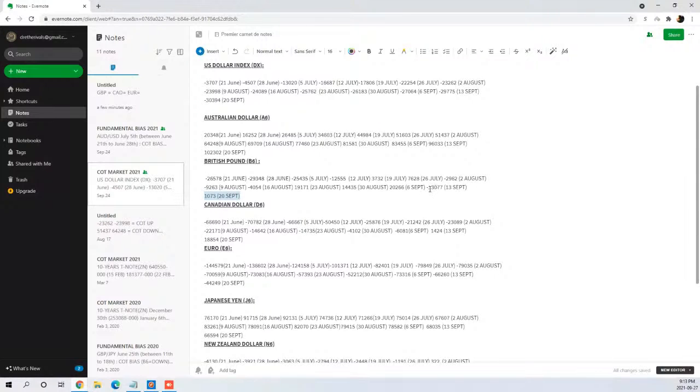Based on the data that we have, are we looking to buy the market or to sell the market? So we're looking at this price to this price.